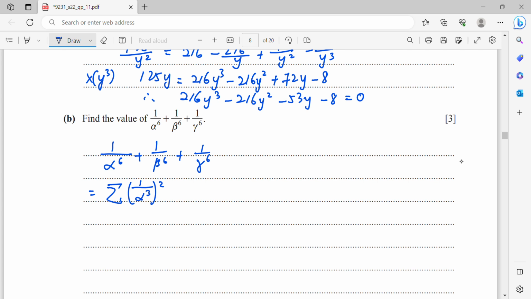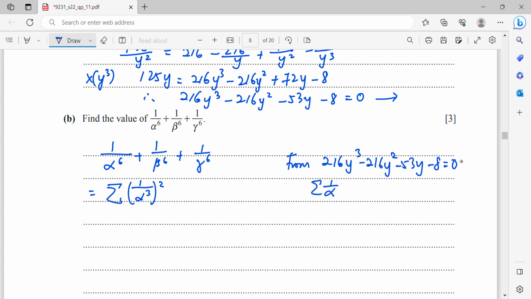Right, so 1 over alpha cube, then 1 over beta cube, 1 over gamma cube. So from here I know that this is the square of the roots from this cubic equation. Okay, so before I proceed, I will just write here 216y cubed minus 216y squared minus 53y minus 8 equals to 0.